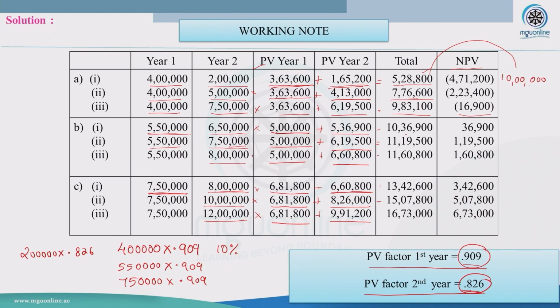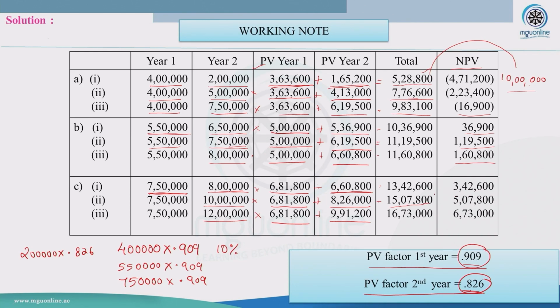And 10 lakh 36,900 minus 10 lakh will be 36,900. 11 lakh 19,500 minus 10 lakh will be 1 lakh 19,500. 11 lakh 60,800 minus 10 lakh will be 1 lakh 60,800. 13 lakh 42,600 minus 10 lakh will be 3 lakh 42,600.